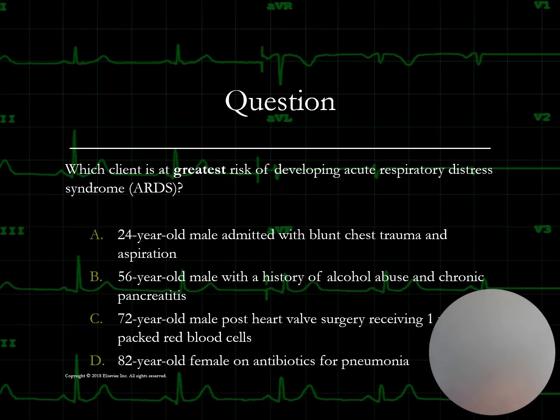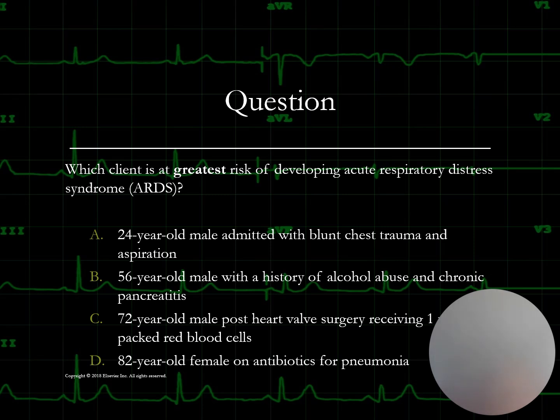So which of these clients is going to be at the greatest risk of developing ARDS? Is it the 24-year-old male admitted with blunt chest trauma and aspiration? Is it the 56-year-old male with a history of alcohol abuse and chronic pancreatitis?